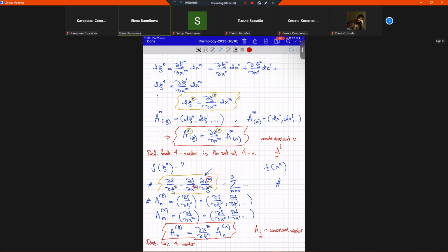A covariant 4 vector is a set of 4 values, ai for example, or an.